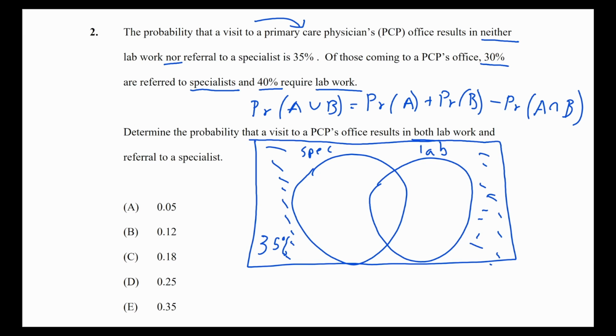So let's break that down. The probability of A is going to be this whole circle of specialists, so let's draw this in red.